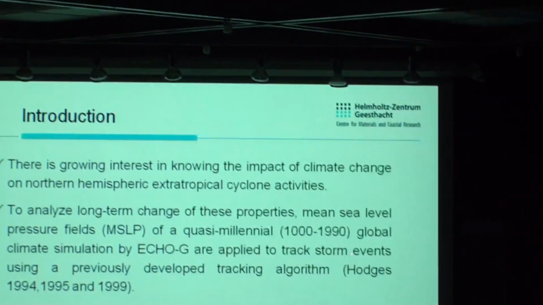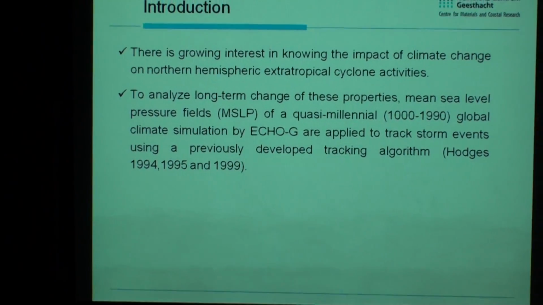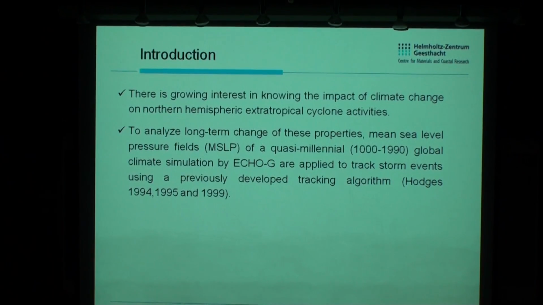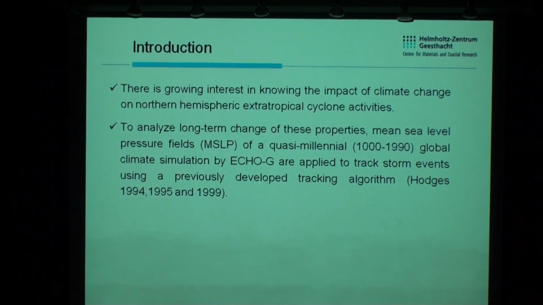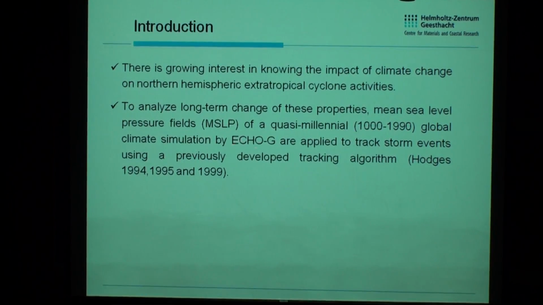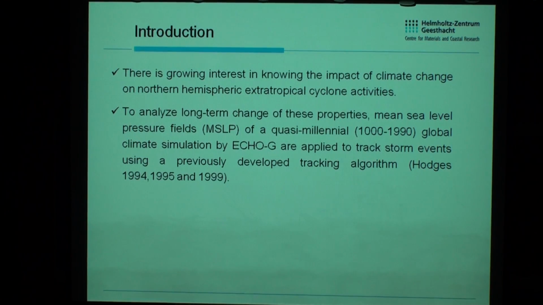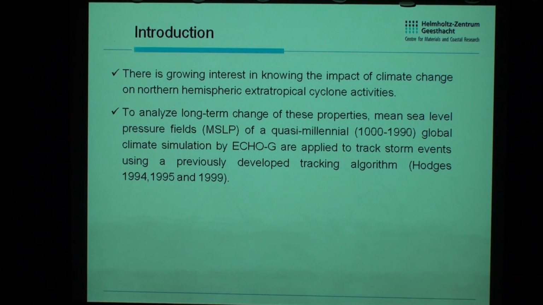We use the mean sea level pressure fields from 1000 to 1990, with a resolution of about 3.75 degrees. Other literature has shown the model can simulate the variabilities of pressure.